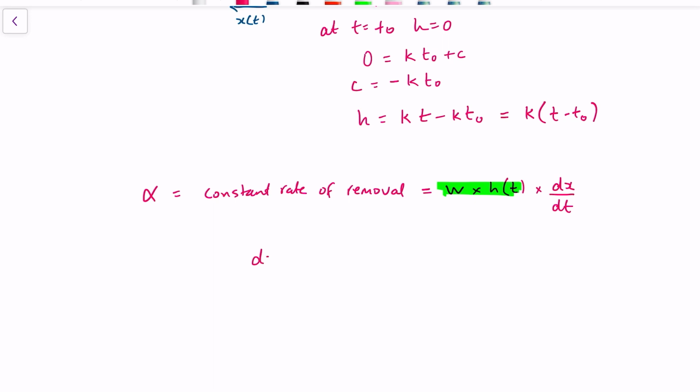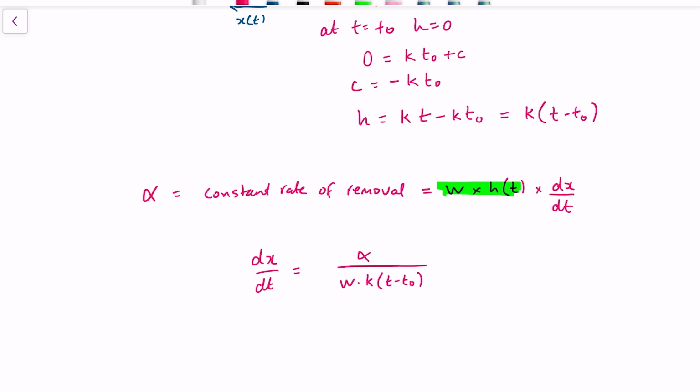We rearrange that. We've got dx/dt is equal to some constant alpha divided by w times this linear function we found earlier, which depends on time, the height function. Now, we can solve that.